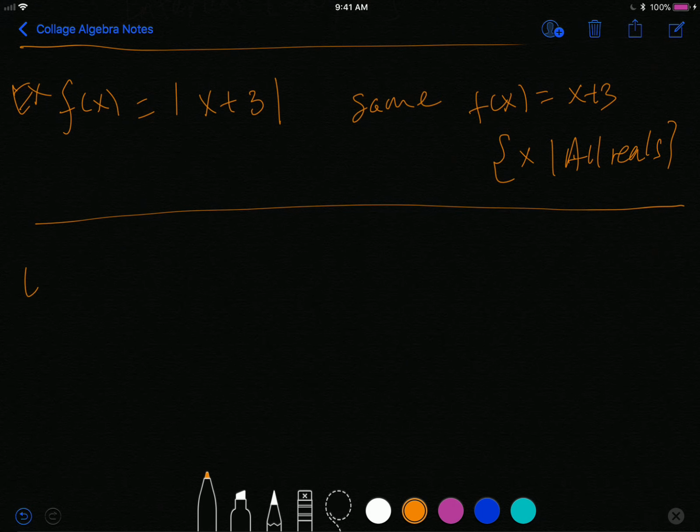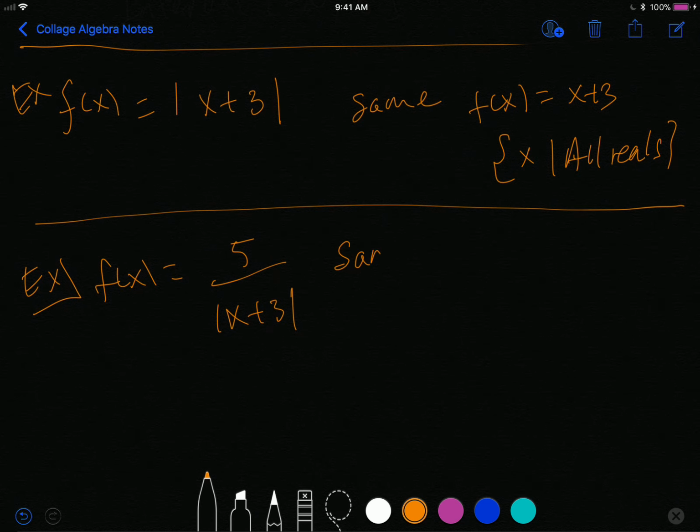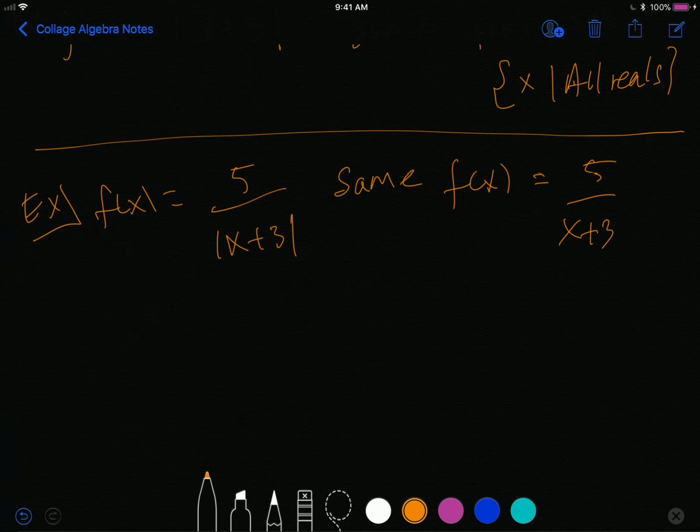On the other hand, if I have f of x equals 5 divided by the absolute value of x plus 3, then this will be considered the same as f of x being equal to 5 over x plus 3. And in this case right here, the domain is that x cannot equal negative 3.